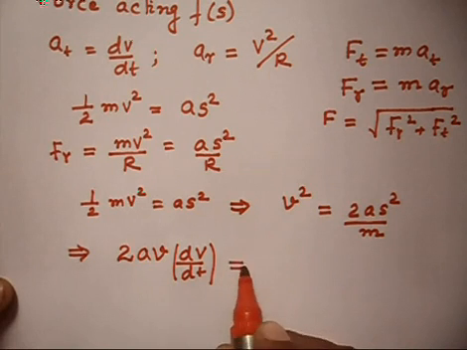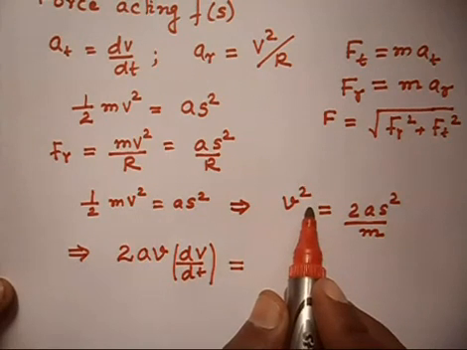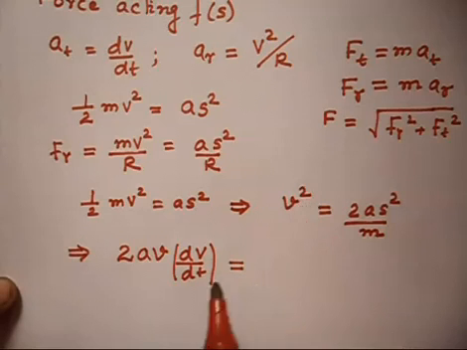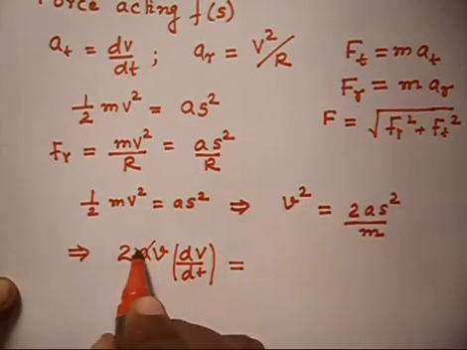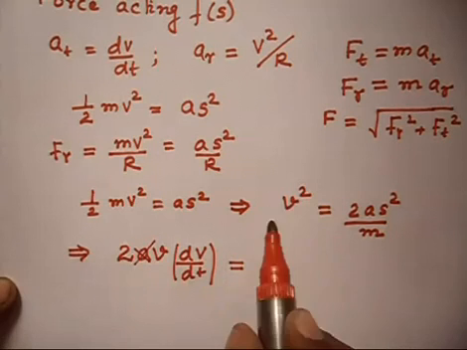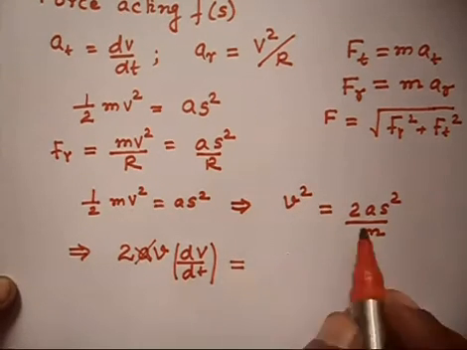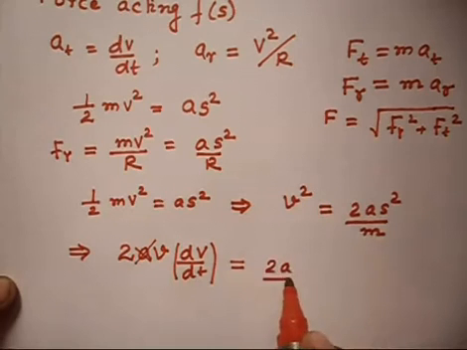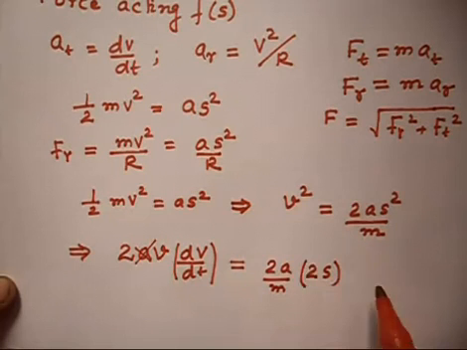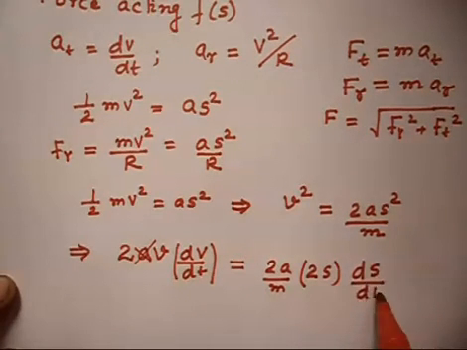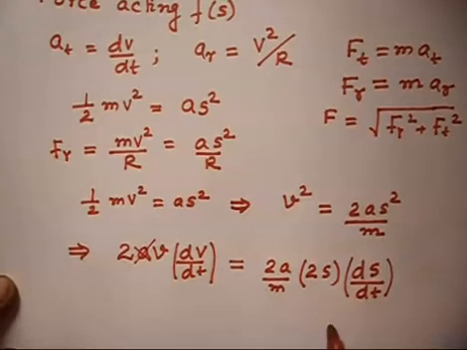Differentiation of v square will be 2v dv by dt, equal to 2a by m times the differentiation of s square, which is 2s, and because s is varying with time, also ds by dt.